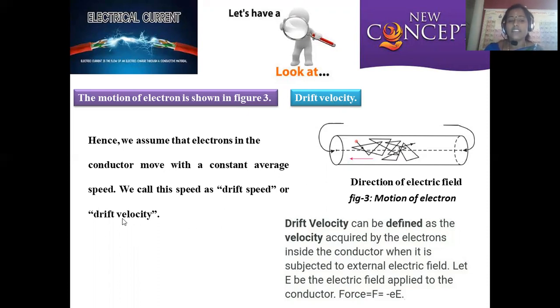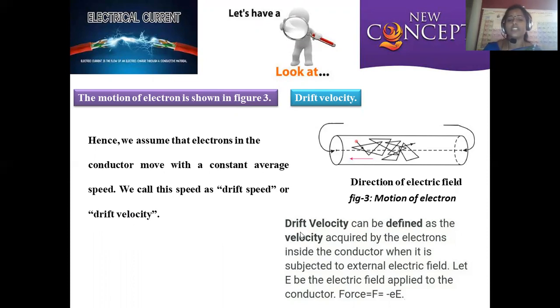So in accordance with the average speed, we are not going to consider the individual speed of electrons, rather average speed of electrons will be taken into the consideration. We call this speed as a drift speed or a drift velocity. A constant average speed which assigned to the electrons flowing through the conducting material is denoted as a drift speed, which alternatively known as drift velocity.